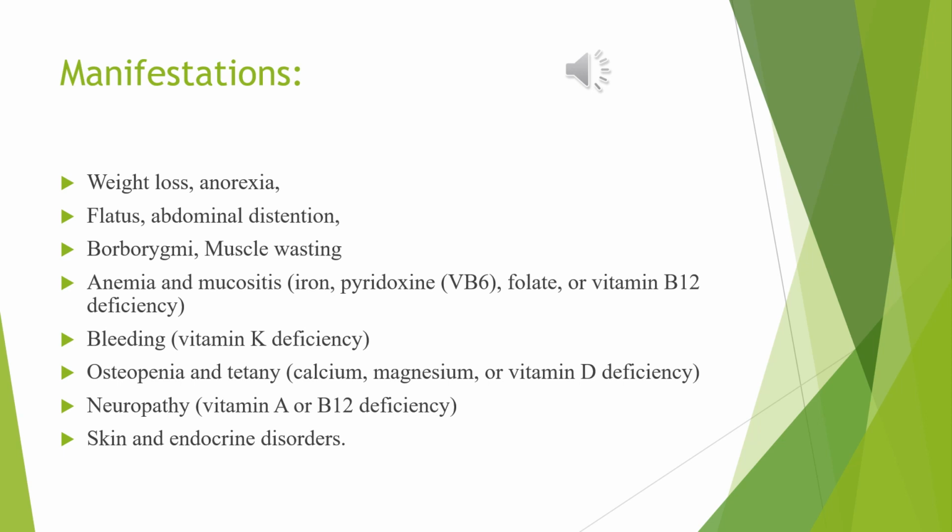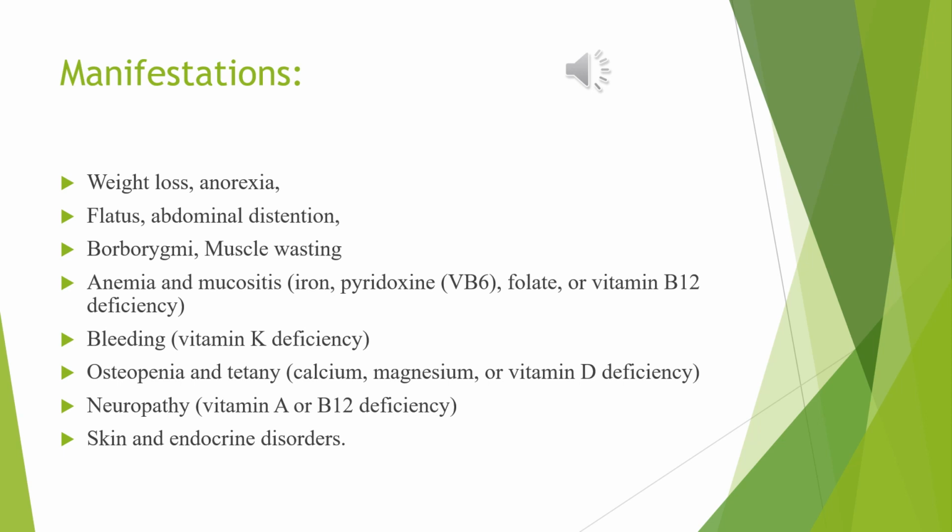Also, deficiency of the fat-soluble vitamins like vitamin K can result in a bleeding tendency, because vitamin K is needed for the coagulation cascade. And the deficiency of vitamin K can result in bleeding.